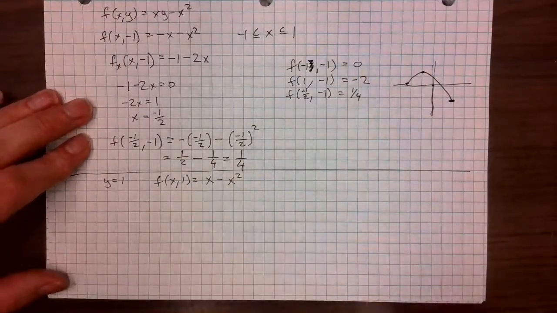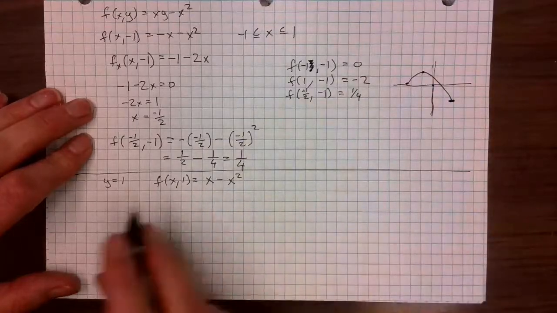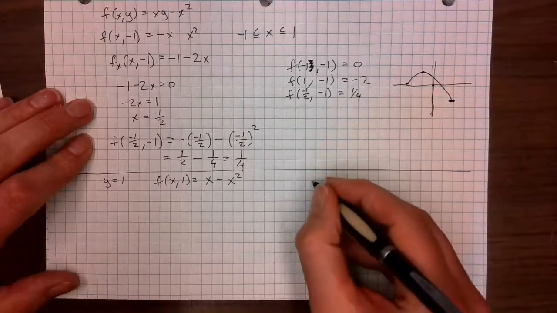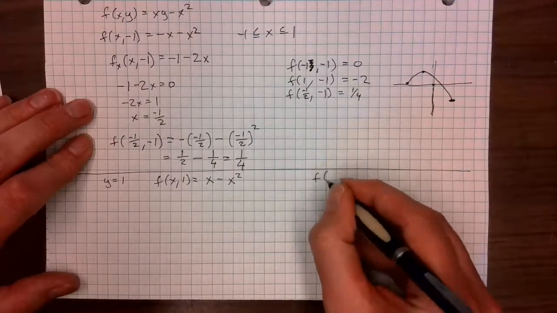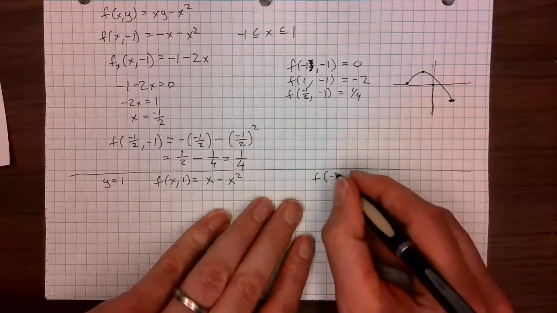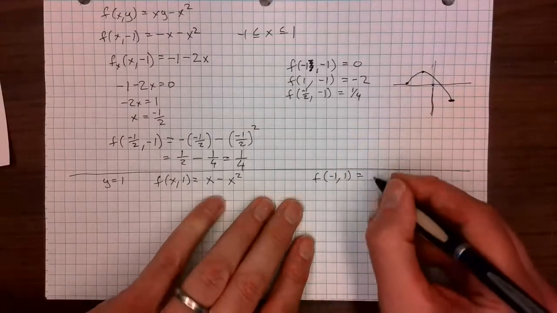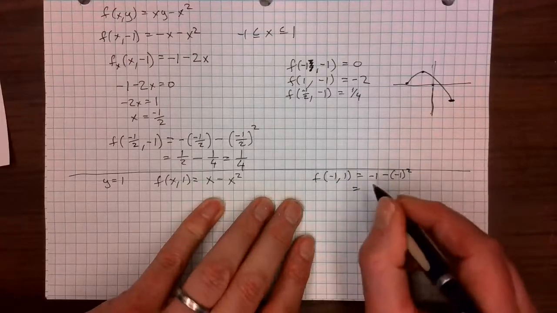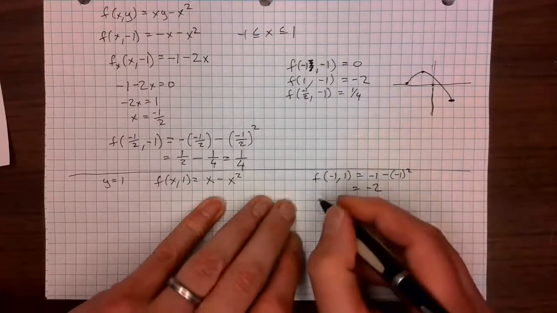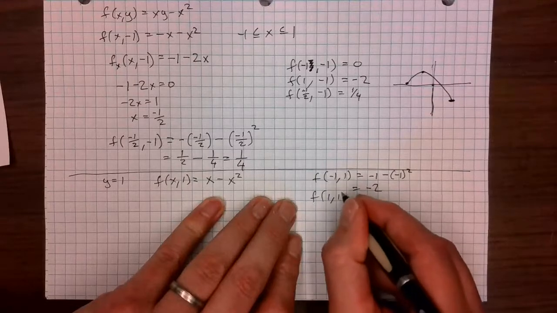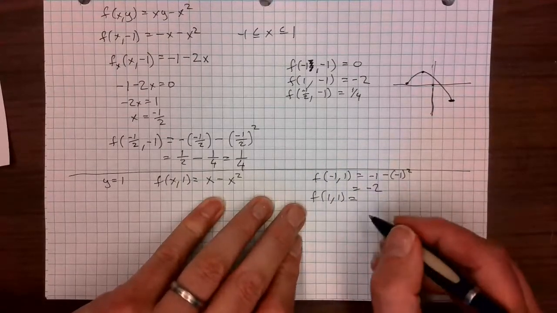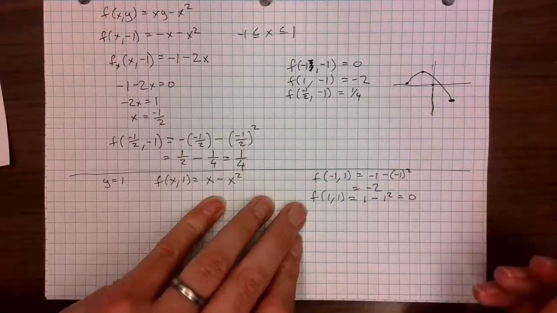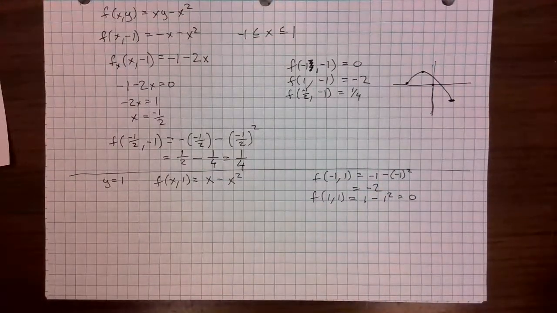Let's maybe check it first at the endpoints, since we did that first last time. So f of -1, 1 is -1 minus (-1) squared, so it's -1 minus 1, minus 2. F of 1, 1 is, well, I have 1 minus 1 squared, 0. So it looks very similar to what it was before.